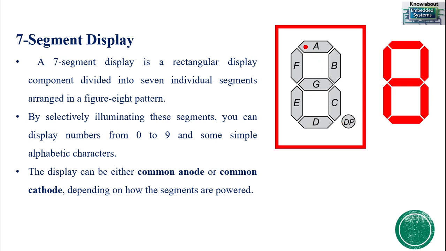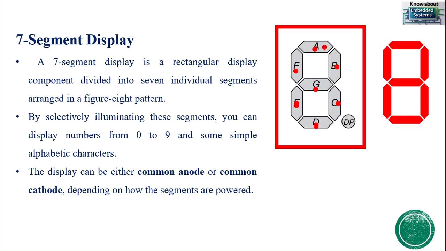Here you can see each character is displayed with the help of 7 plus 1 LEDs, where the plus 1 is the DP. So we have 7 different segments, and based on them we can represent each character. These segments are named A, B, C, D, E, F and G. A segment is nothing but an LED here.